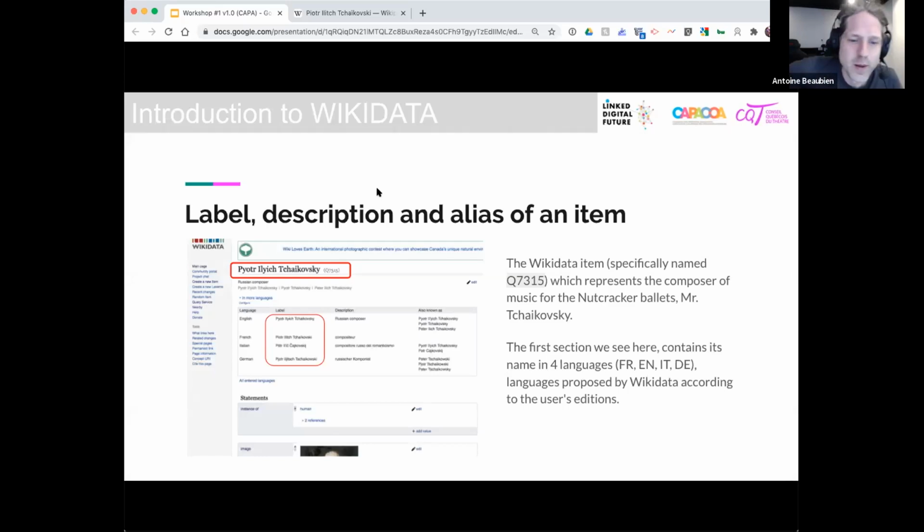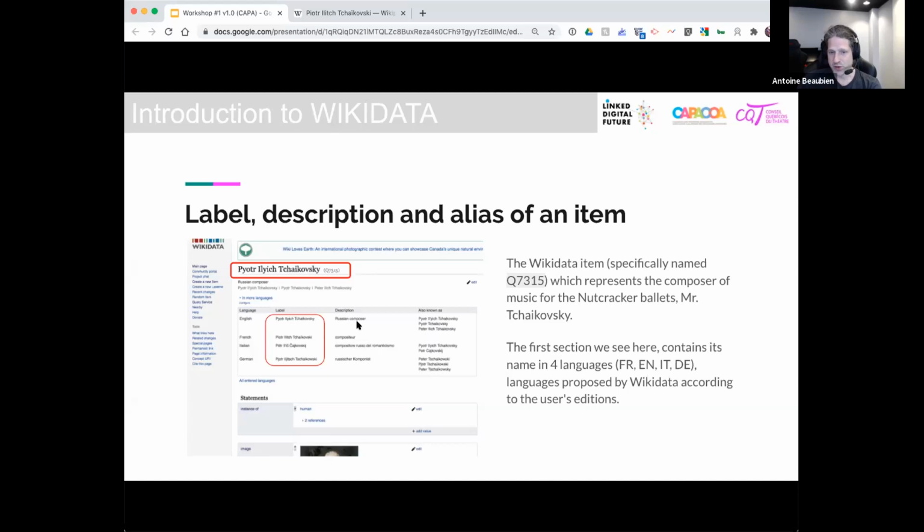So we're back here on a Wikidata item page, of course for Tchaikovsky. What we have first is the label. The label is like the best name in this language, or the best way to represent the concept. So for a human being, of course, it's his full name, first name and last name, and you also have a description.